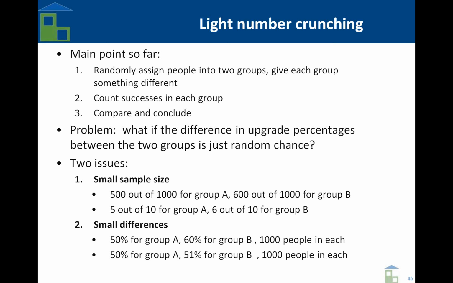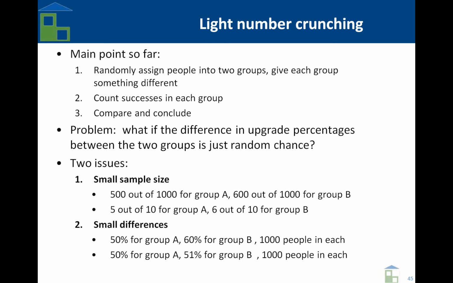The first, as I've mentioned before, is that we need to make sure that we have a big enough sample. So, for example, if I told you we had 500 out of 1,000 households that got upgrades in Group A and 600 out of 1,000 households that got upgrades in Group B, you would probably say that Group B's program is more effective.